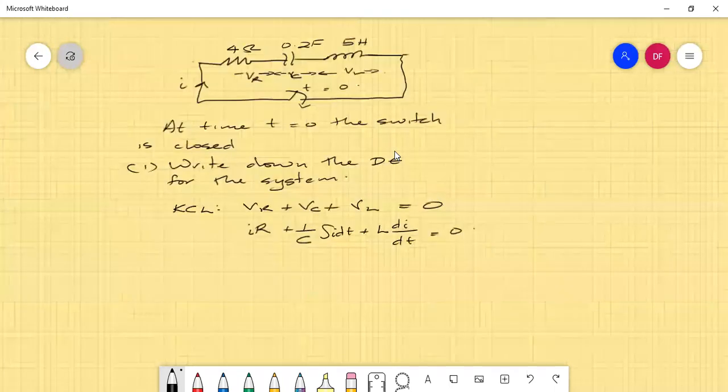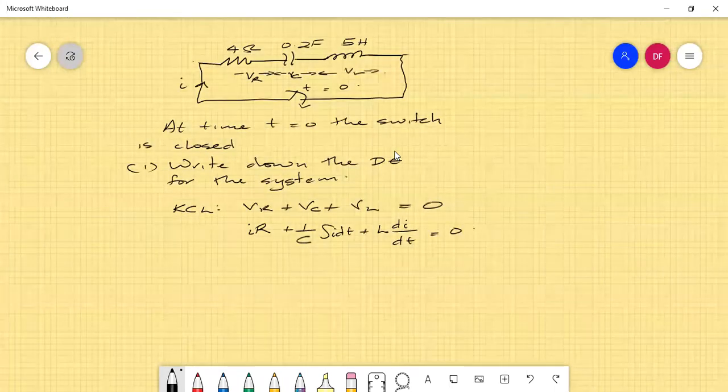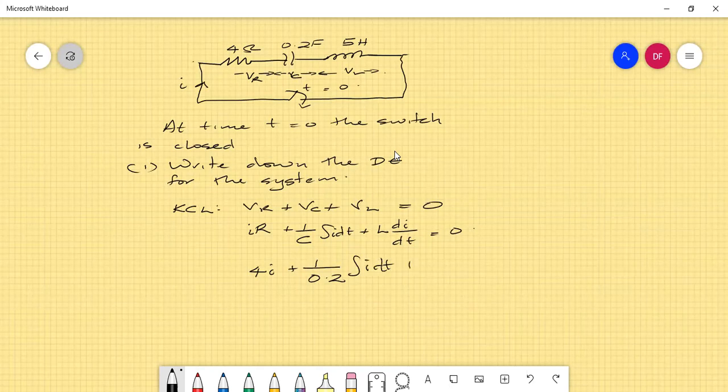So this is going to give me 4i plus 1 over 0.2, the integral of i dt, plus 5 di dt is equal to 0 when we put in for R, for C, and for L. And that's going to be 4i plus 5 the integral of i dt plus 5 di dt equals 0.